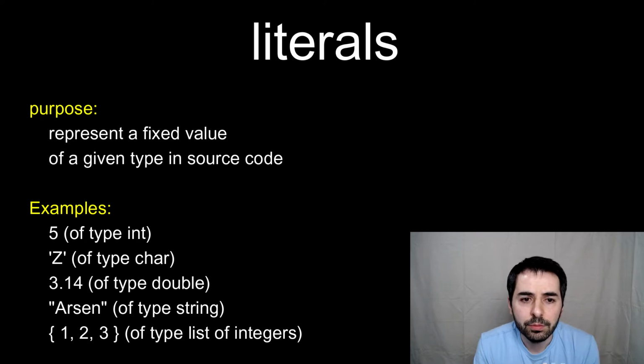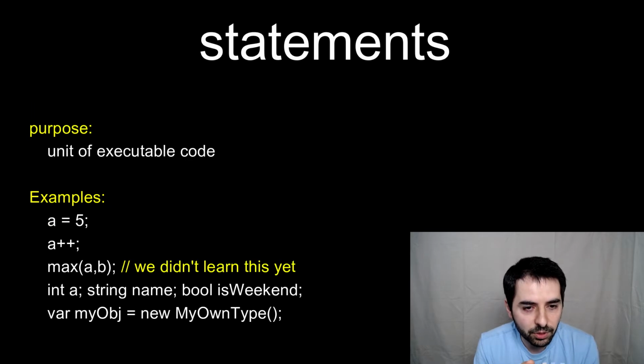So the next thing I wanted to talk about is the statement. A statement is basically a higher level notion than an expression. An expression is a valid combination of symbols that results in a value, and a statement is something that results in an execution.